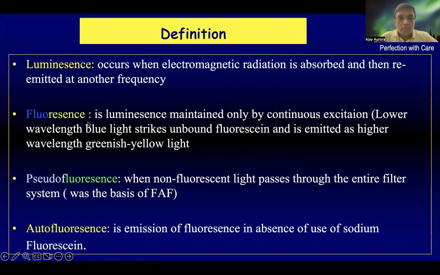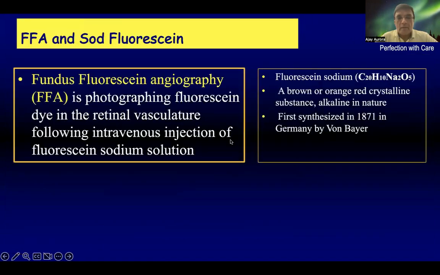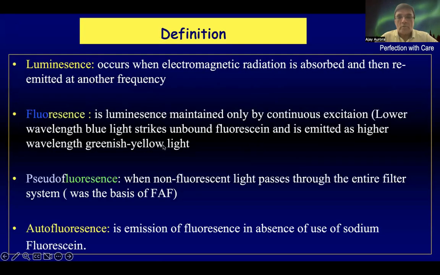Here a lower wavelength, that is blue light, strikes the unbound fluorescein and is emitted at a higher wavelength, which is greenish yellow light. So the lower wavelength excitatory blue light hits sodium fluorescein, and you get a yellowish green light.